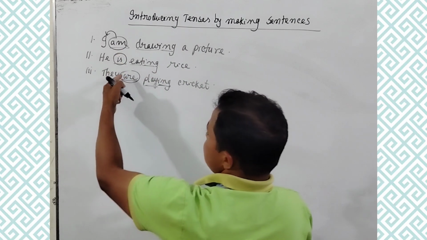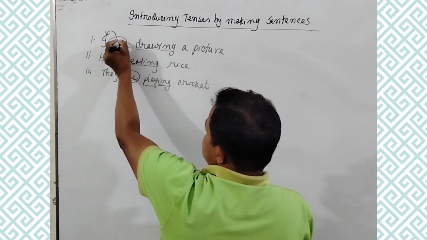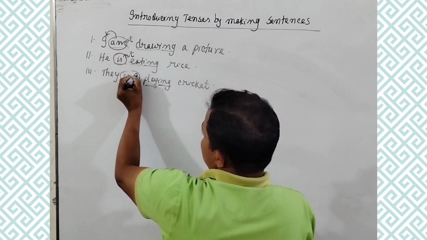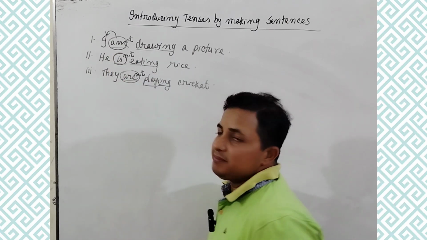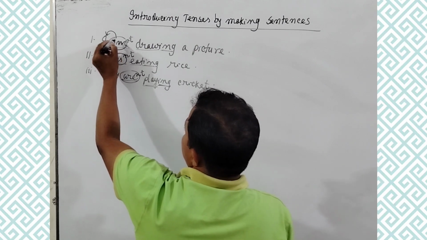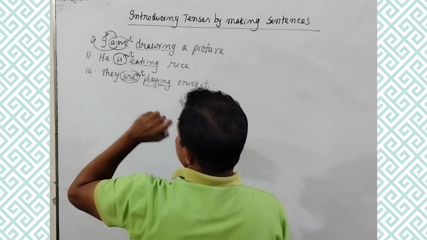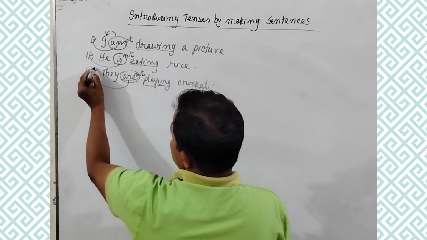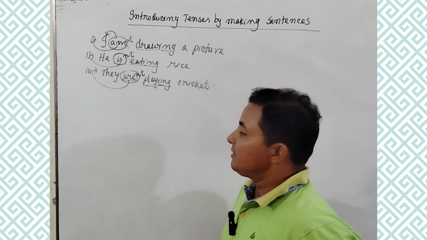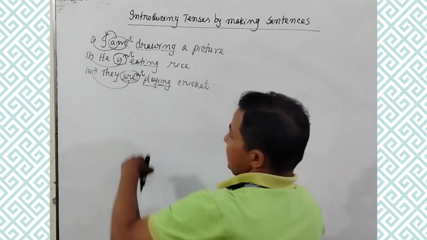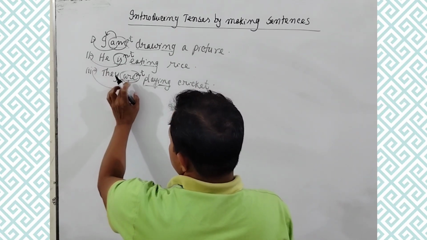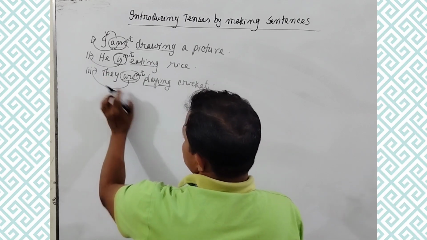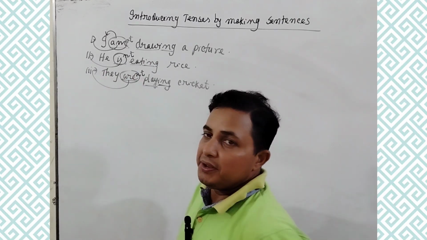And if you want to change it to negative form, after this form you can use not. If you want to transform it to interrogative, only am, is, are you can put before the subject. And if you want to transform it to interrogative negative, then first you use the auxiliary verb, then the subject, then not.